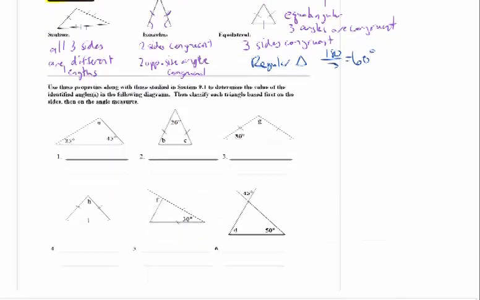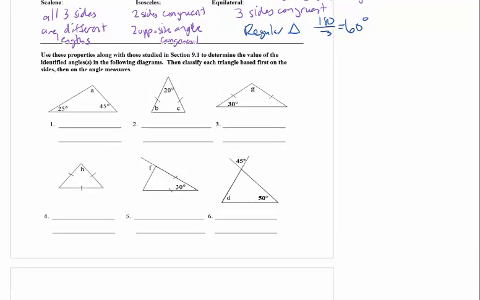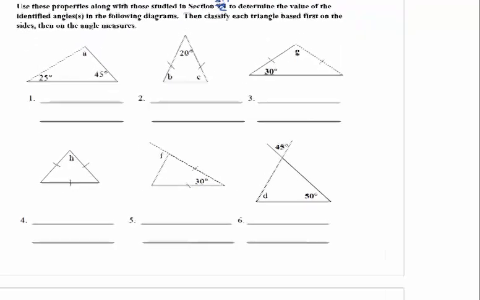So now we're going to do some examples. In this one it says use the properties along with those studied in 8.1 to determine the value of the identified angles in the following diagrams. Then classify each triangle based first on sides and then on angles. I'm going to blow this up a little bit.